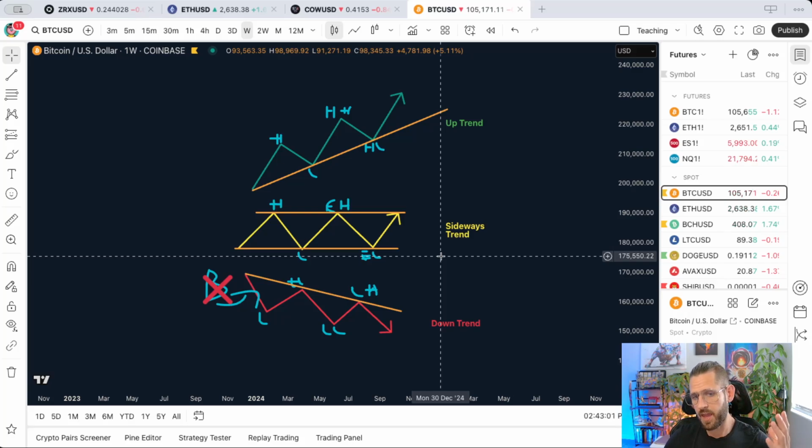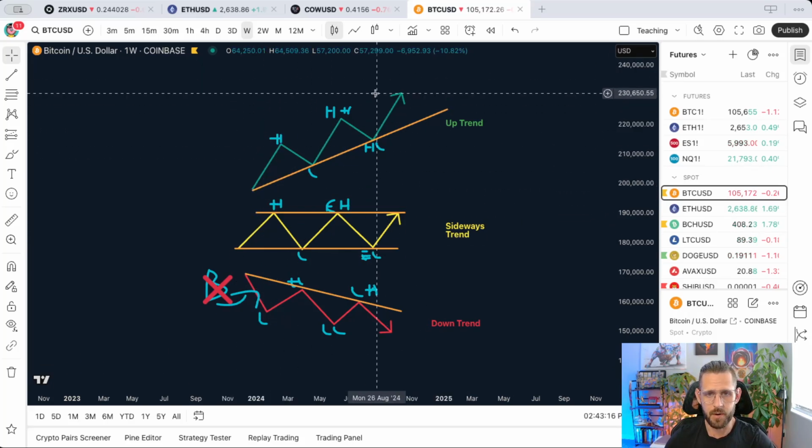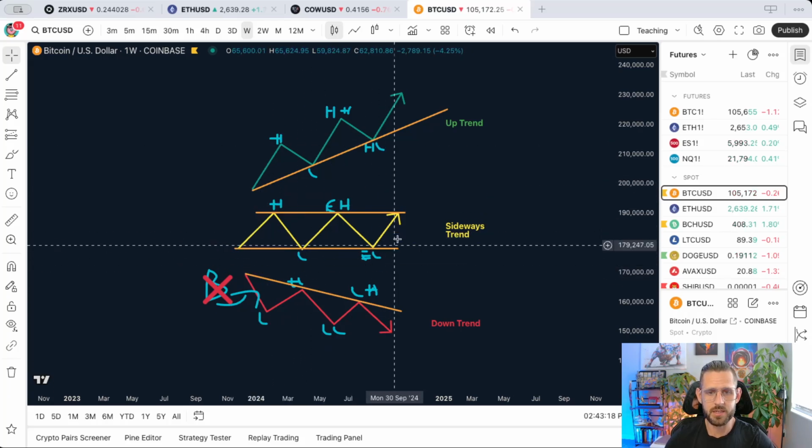Now, of course, if they are okay with the market selling at lower prices and they want to buy, that's totally up to them, of course. The investor is the investor. But generally, you would want to buy as people are bullish on the market and the market is uptrending. Same thing with a sideways market.